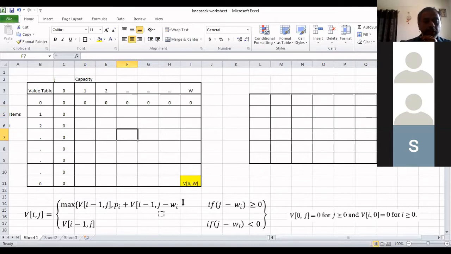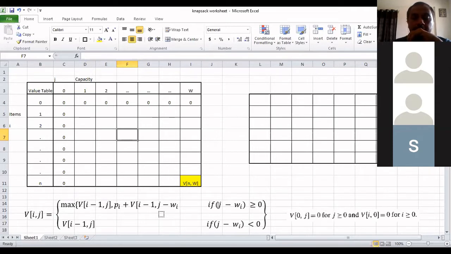In this equation, we have two conditions. One is J minus Wi. J indicates the capacity and Wi indicates the weight of the ith item. If Wi is accommodatable within the capacity of J, then this J minus Wi will be greater than 0.